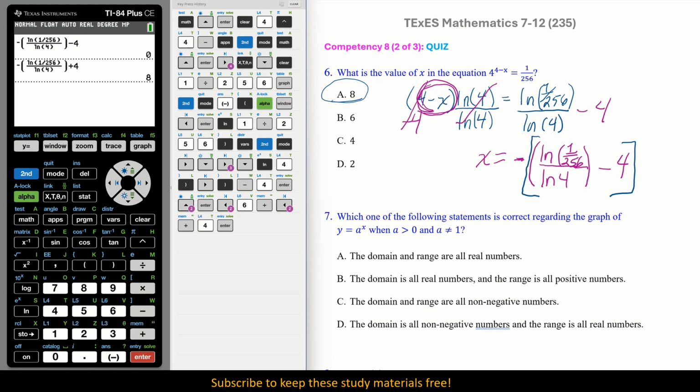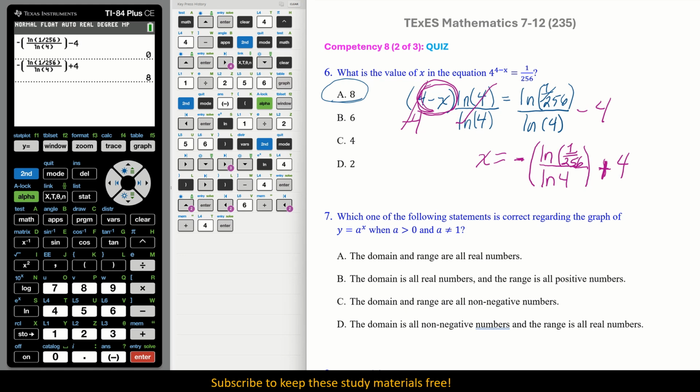Now it's correct. The way I had it written, we would have needed a double parentheses. But the way I entered it in the calculator, we simply need to make this a plus.